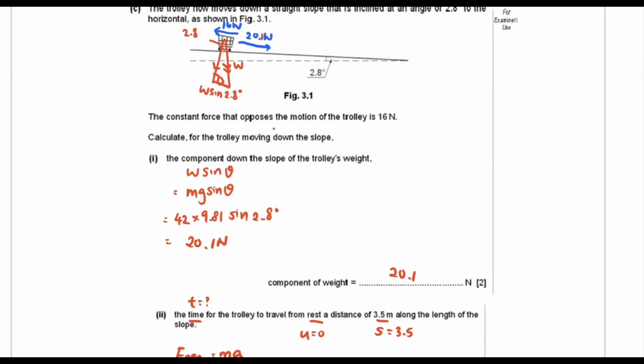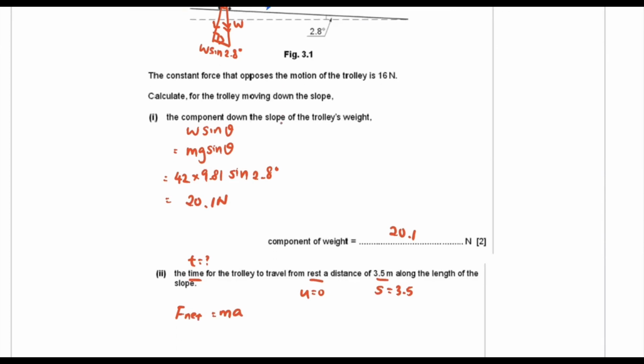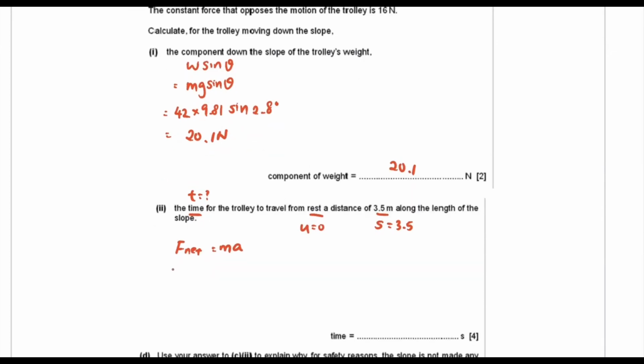This is the constant force that opposes the motion, so most likely that is a friction. So 20.1 minus 16 to get the net force. Then the mass is 42, followed by a. So then we get a. So a is 0.0976.